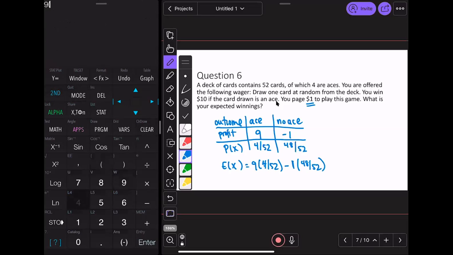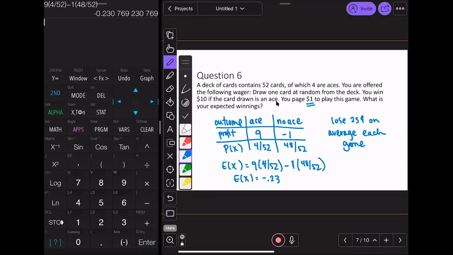So 9 times 4 out of 52, plus -1 times 48 out of 52. So your expected value for this game is -0.23, which means you're going to lose 23 cents on average each game.